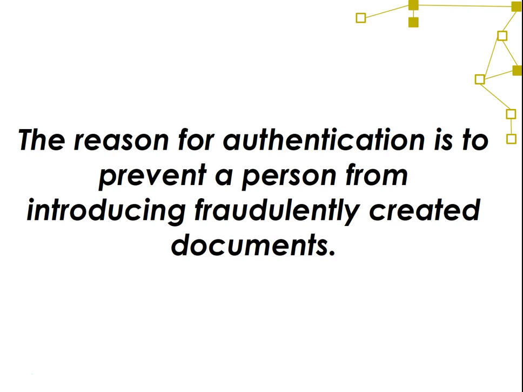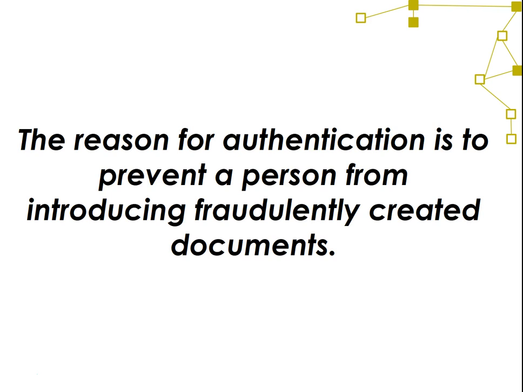So the reason for this whole authentication requirement is to prevent a person from introducing fraudulently created documents. And authentication also protects in a situation in which a person claims that a proposed contract is binding when in fact the negotiations on the contract may have broken down and no contract was really ever finalized.